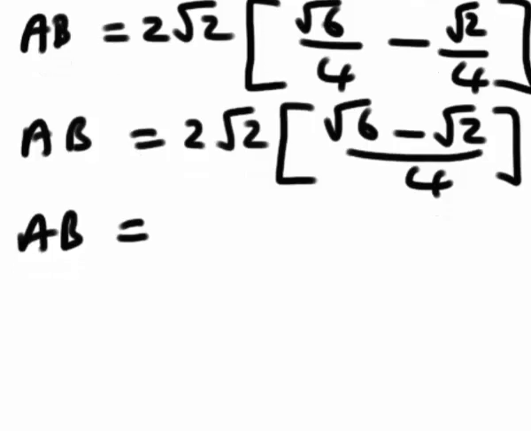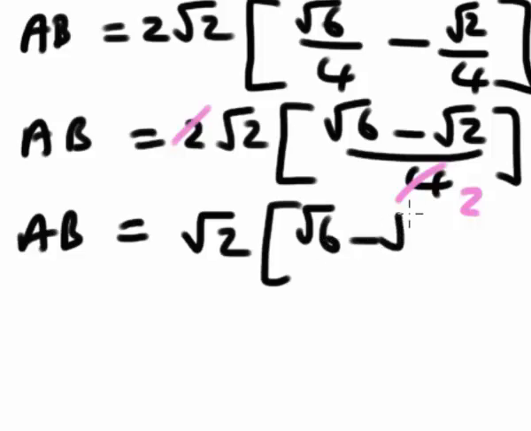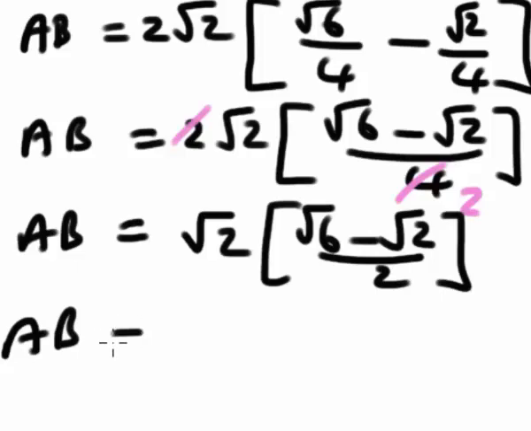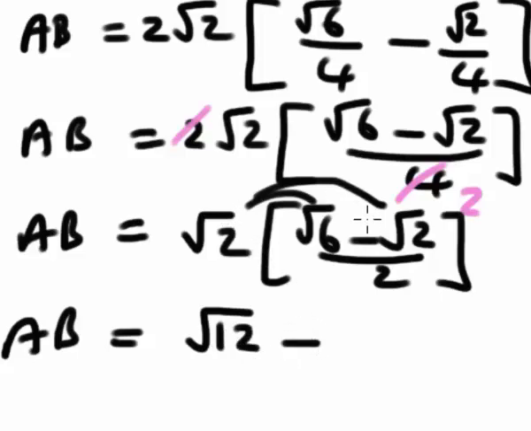If we think about it carefully, the 2 can cancel into the 4 twice. So we've got root 2 into root 6 minus root 2 over 2. So what would the length of AB then be? Well, if we multiply that in, root 2 times root 6 is root 12, minus root 2 times root 2 is 2, all over 2.